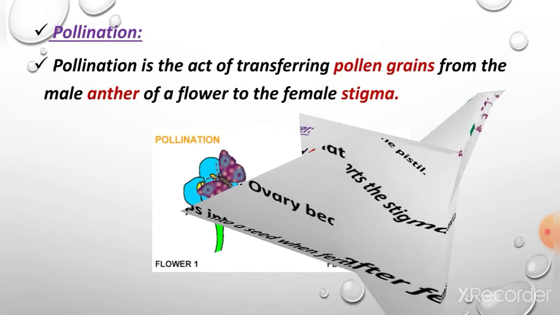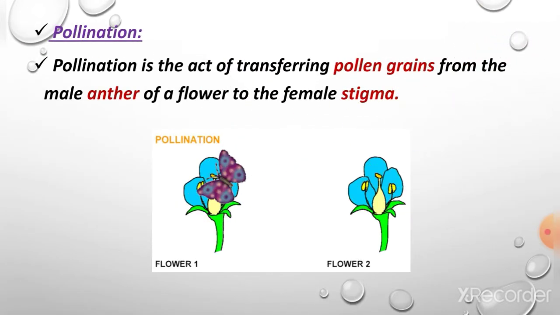Now I'll tell you what is pollination. Pollination is the act of transferring pollen grains from the male anther of a flower to the female stigma. Pollen grain is present in the male part of the flower and stigma is present in the female part of the flower.